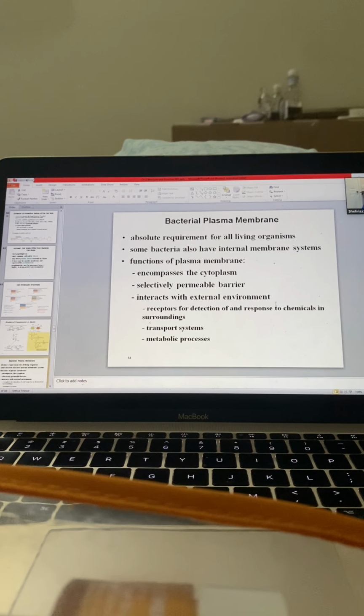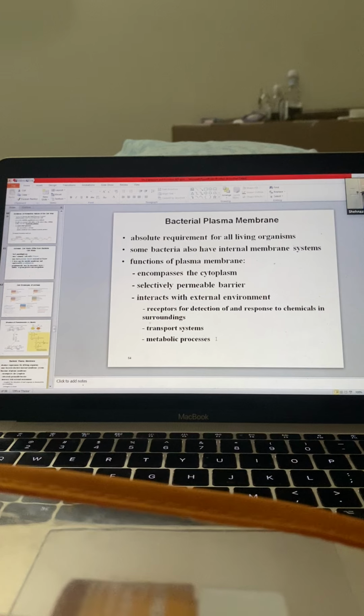A very important part of the plasma membrane in bacteria is that it interacts with the external environment. So there will be a lot of receptors for chemical signals from the surroundings. A lot of transport systems are in the membrane, and even metabolic processes are located in the membrane. The main metabolic process we have to tell you about is, of course, energy production.